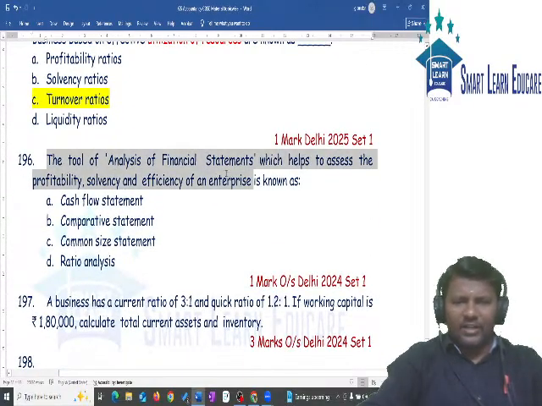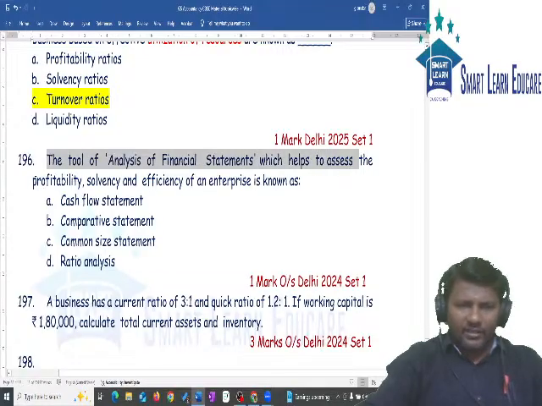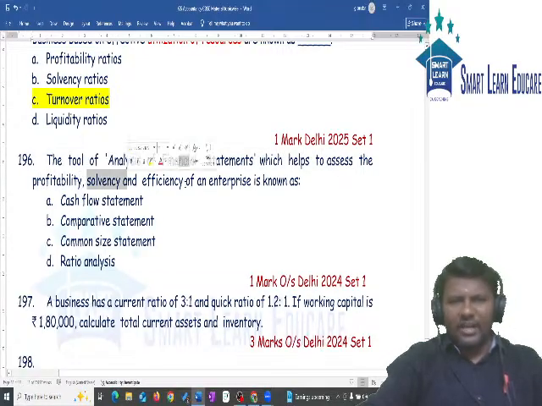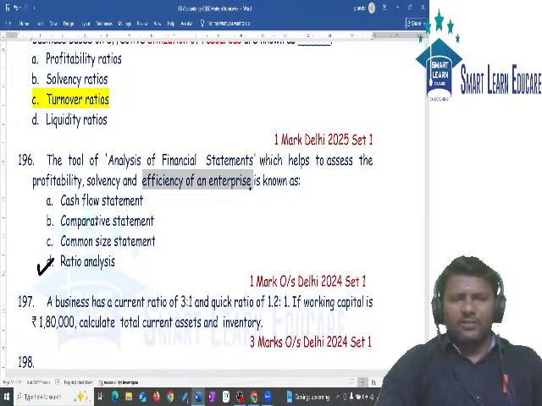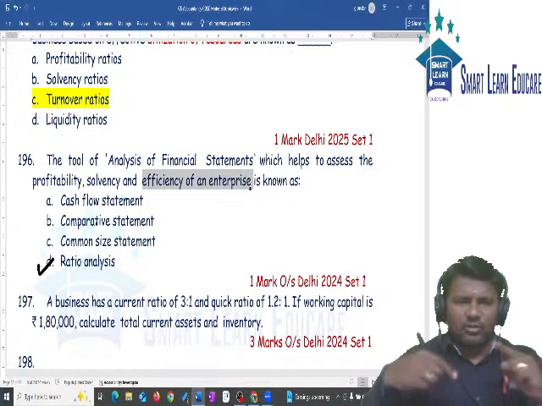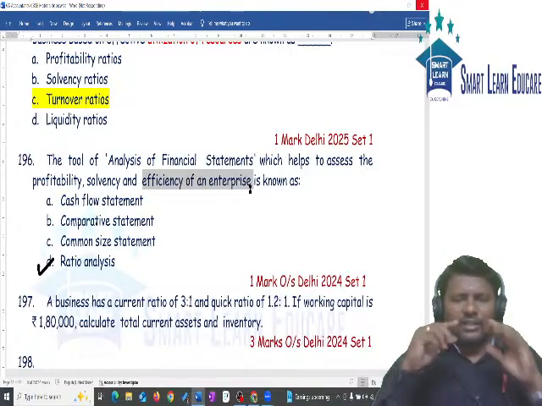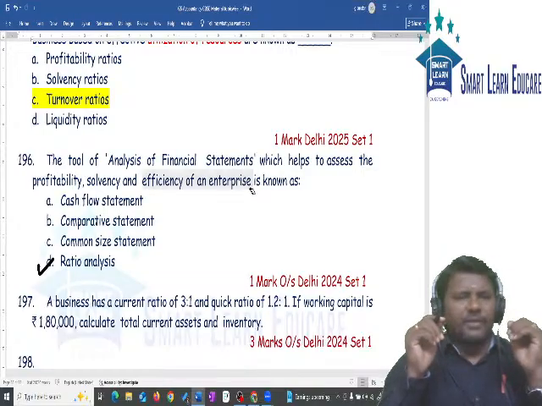Dash is a tool of analysis of financial statements which helps us to assess the profitability, solvency and efficiency of enterprises. Answer is ratio analysis. Cash flow statement will tell you just the movement of cash. Comparative statement will tell everything in terms of percentage. What is the change which has happened? That change will be expressed in terms of percentage.